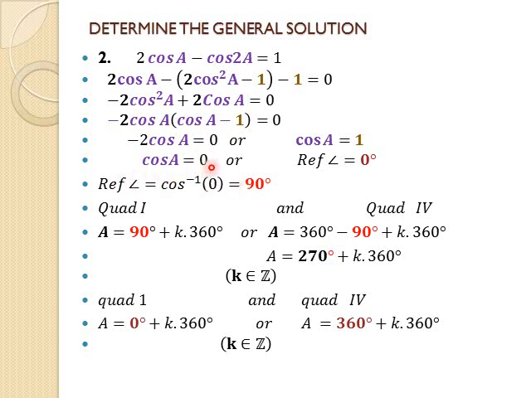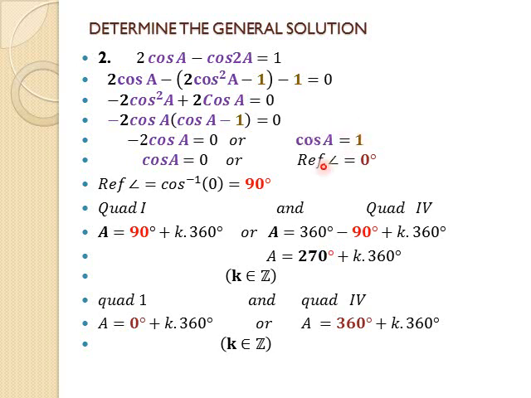If I treat 0 as positive, cos is positive in quad 1 and quad 4. So in quad 1, A equals 90 degrees plus k360. And quad 4, A equals 360 minus the 90 plus k360, which gives me 270 plus k times 360. Cos A there, if I take negative 1 over, becomes positive 1.